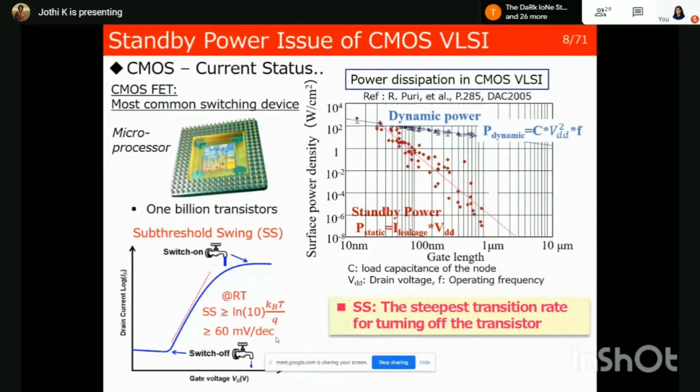It is completely dimensionless. In fundamental units, kB is the Boltzmann constant, T is the temperature at which your system is working, and q is the charge of the electron. If you solve this equation, you get the value of 60.